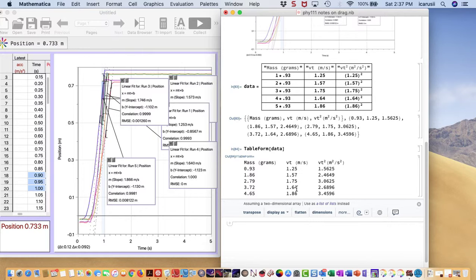But with the vt squared, the slope will be different than that of the first one. So let's go ahead and do this.